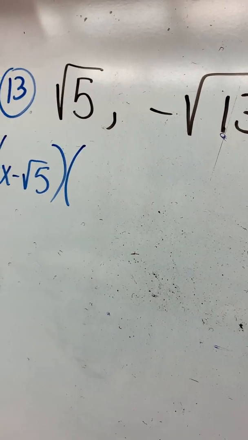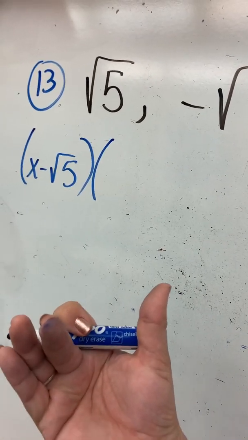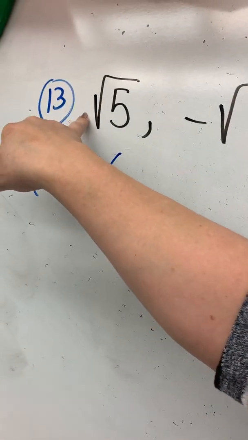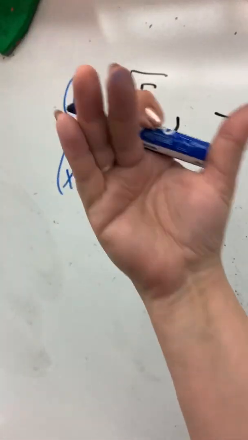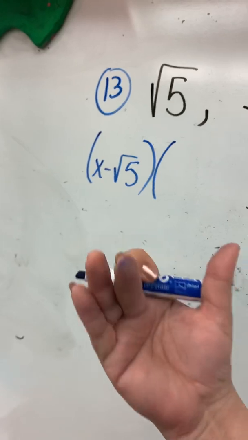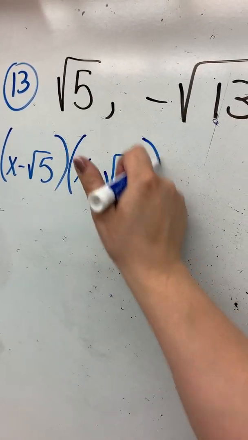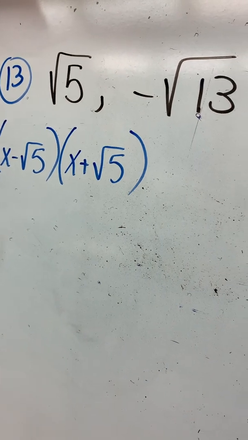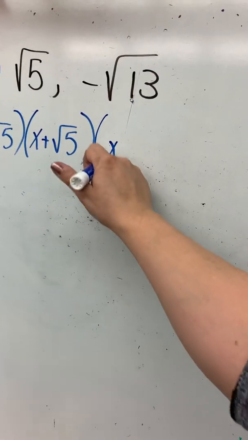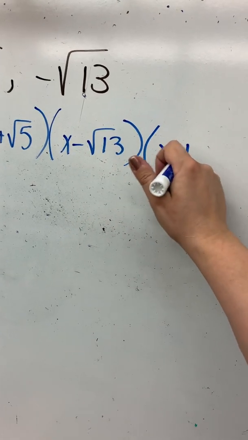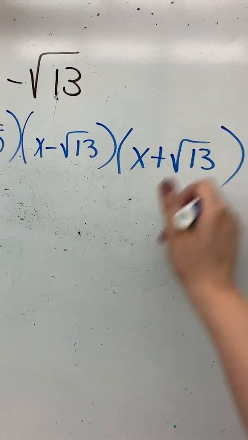You need to have its conjugate, which means I need to have a negative root 5. Remember, whenever you take the radical, you should always have a plus or minus. So then I'm going to have an x plus root 5. Here, I'll have my x minus root 13, but then I should have a what? x plus root 13.